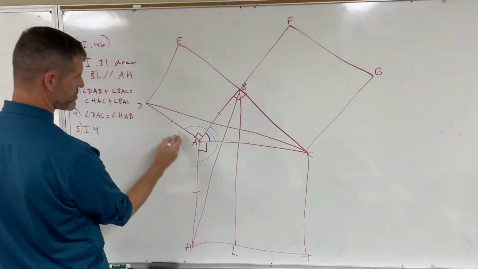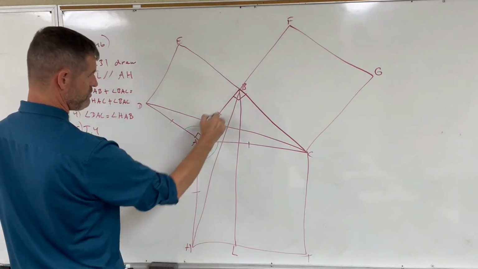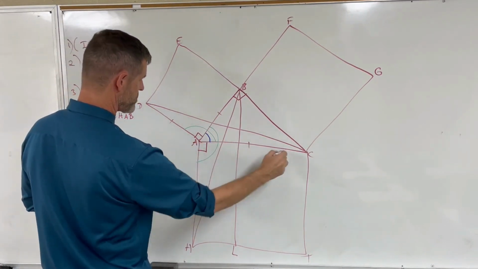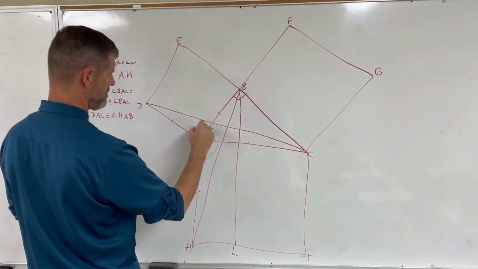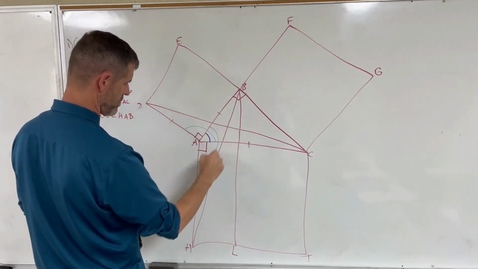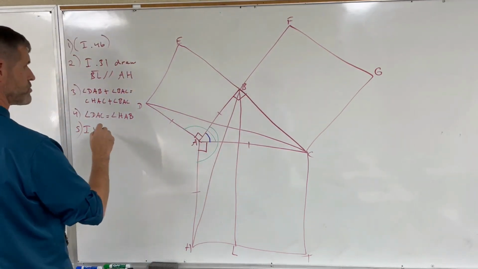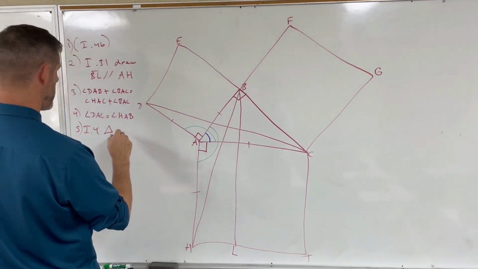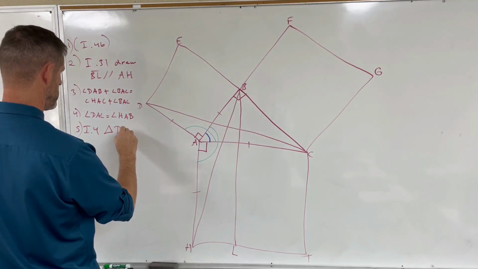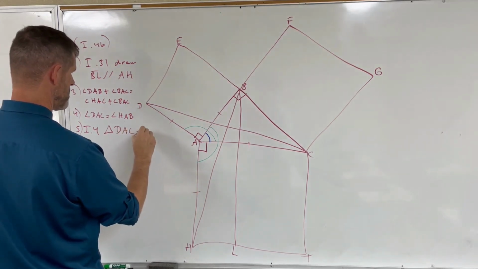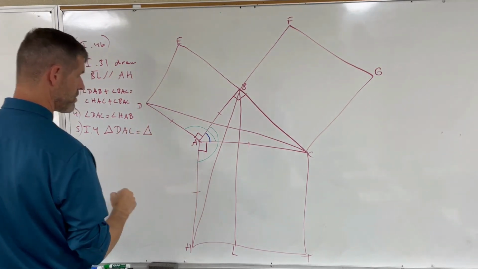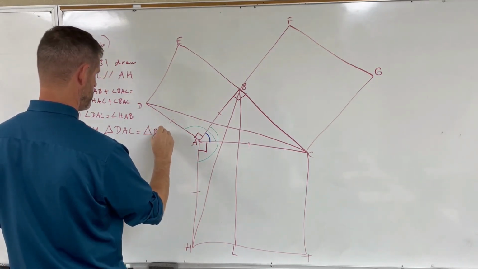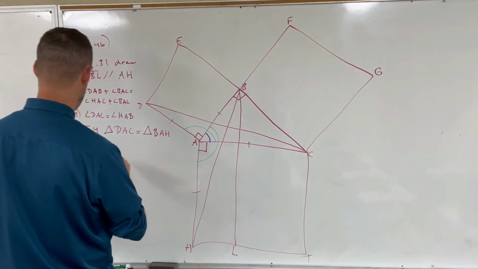So we've got the equal side DA with BA and the equal side HA with AC, and then the whole angle DAC is equal to the whole angle BAH. So the triangle DAC is equal to the whole triangle BAH.